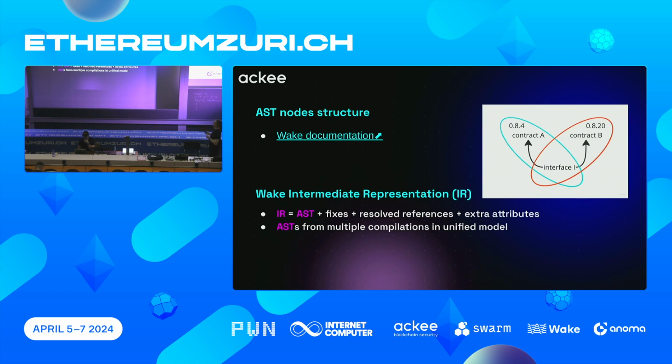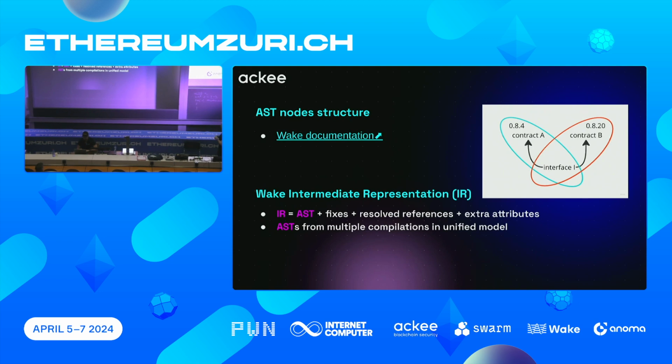And those contracts inherit from that interface. But there's pragma solidity 0.8.4 in the first contract, but 0.8.20 in the second contract. So it's not possible to compile these three files with a single version of the Solidity compiler, because it needs two different versions of Solidity, which means two different versions of the compiler.